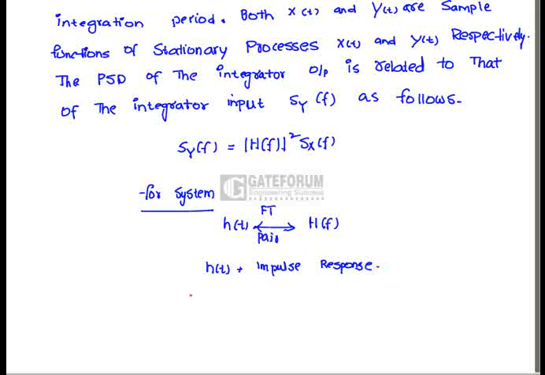To find the impulse response, we need to apply an impulse as an input signal to a system. If the input equals an impulse signal, then the output y of t equals the impulse response.